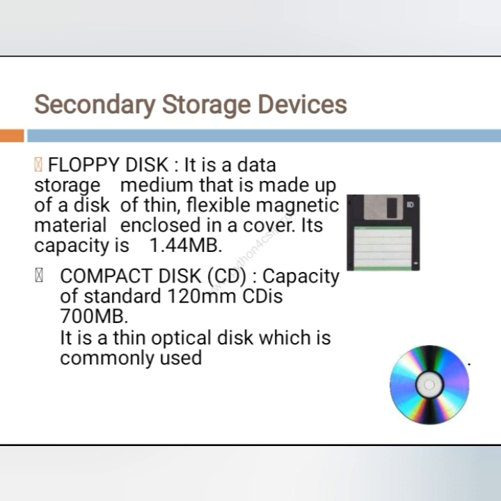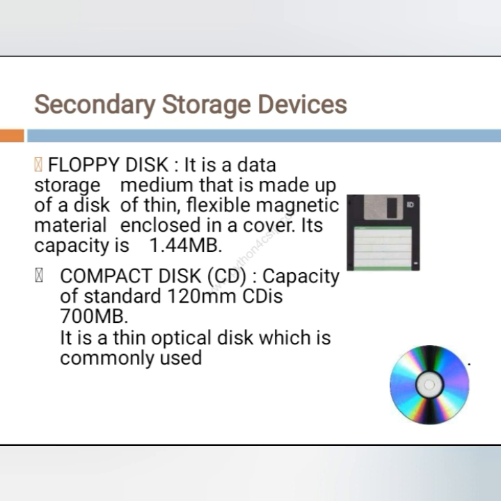Then can you calculate how many bits it can store? 1 MB means 1024 KB and 1 KB means 1024 bits. So you please calculate how many bits can store in a floppy disk.